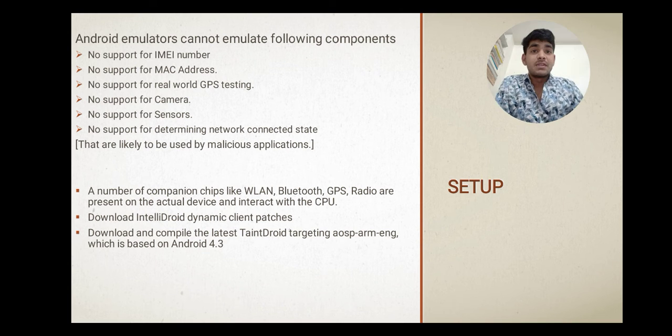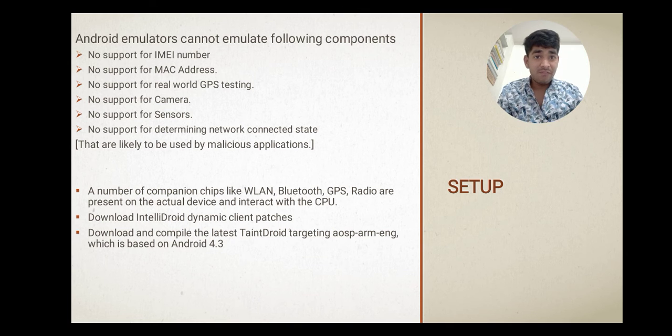First, Android emulators cannot emulate the following components. We have to use real Android devices, not emulators. There is no support for IMEI number, no support for MAC address, real world GPS testing, camera, and sensors. There is also no support for determining network connected state, which is likely to be used by malicious applications.